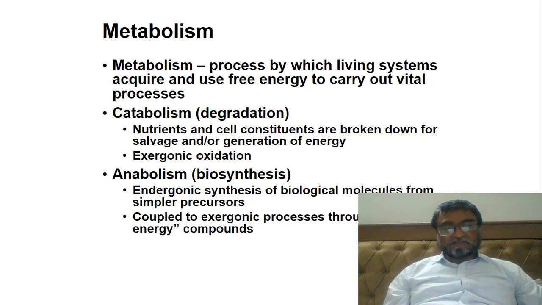One is the degradation type of reactions, and the other is the biosynthesis type of reaction. Normally catabolism is also called the exergonic type of reaction, oxidation type of reactions. Against that, the anabolic processes consist of the endergonic type of reactions, such as biosynthesis processes, as well as the reduction type of process that builds up high energy compounds in the cell.